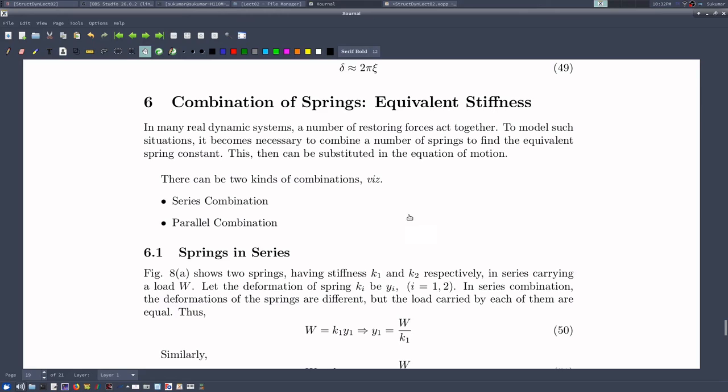Many a times what happens, you remember that suppose I have to find out say dynamic model of a two-storied building, or a two-storied frame, what I can have is these columns and the floors, and all the masses are lumped at the floor levels, right?